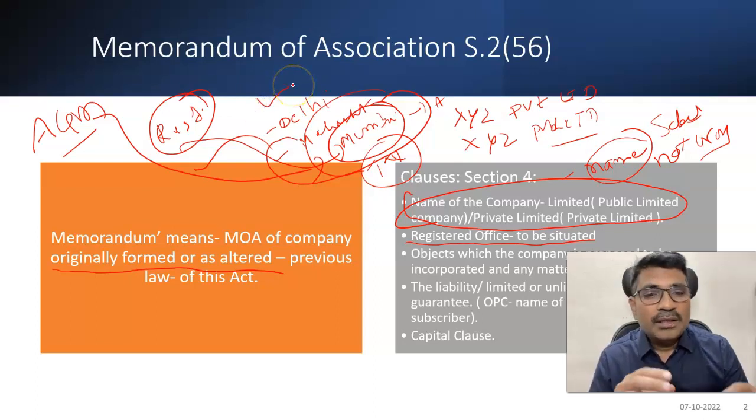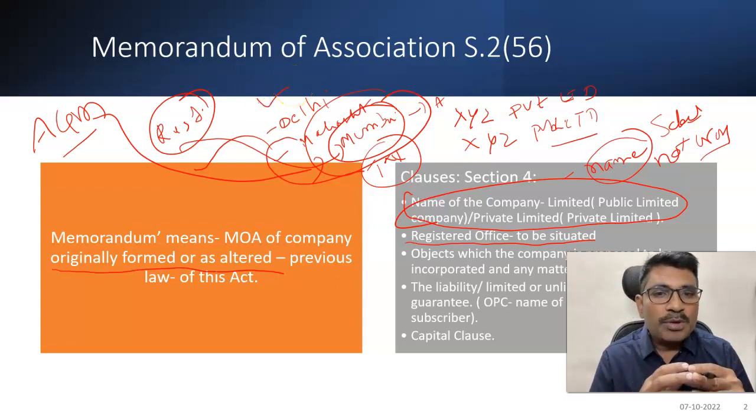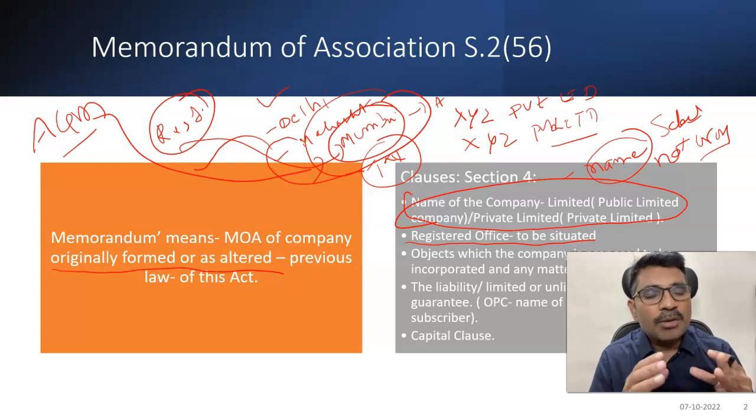That means the shareholders and members of the company will come to know that there will be an annual general meeting, where we will learn how the company is functioning, and the annual general meeting is going to happen in Mumbai because the registered office is in Mumbai. This is a very important concept.